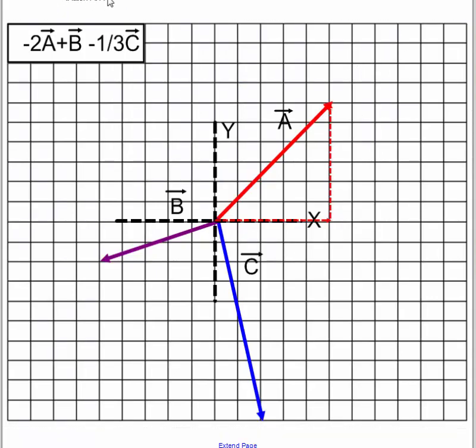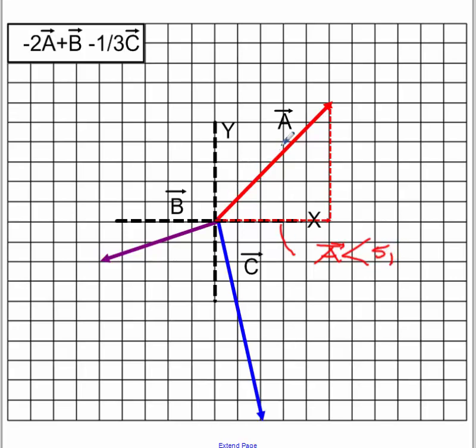All right, so I'm going to define what the x component of A would be. I'm going to write it like this. The A vector: how far do I go to the right? 1, 2, 3, 4, 5. So I'll put a 5 in here, comma.